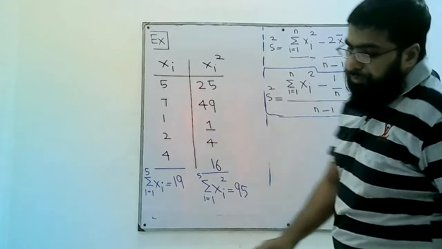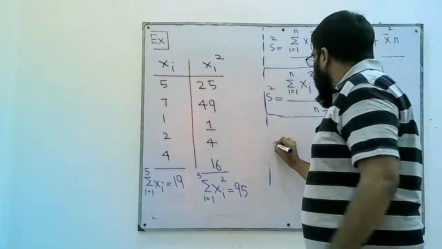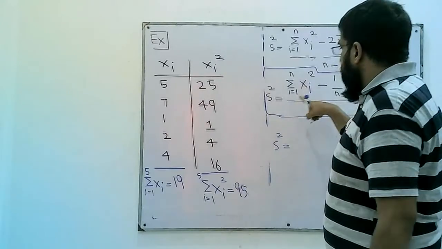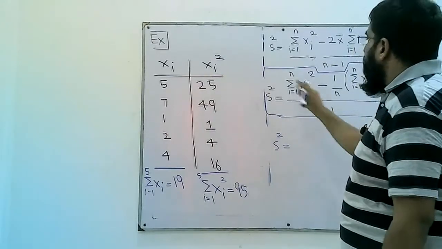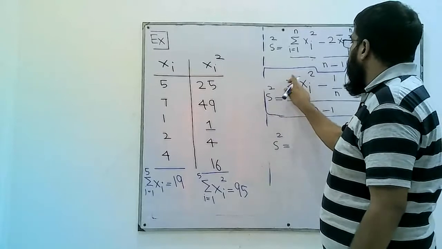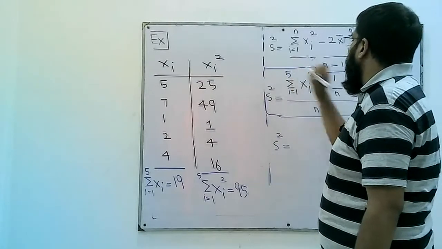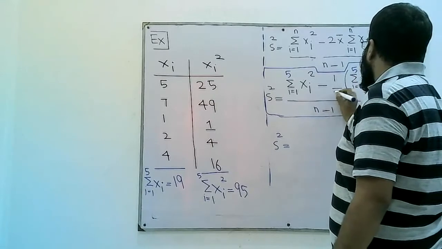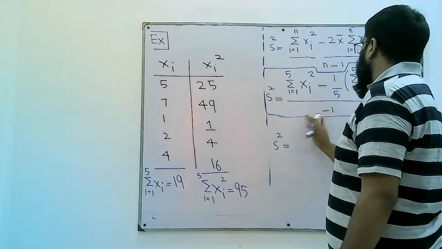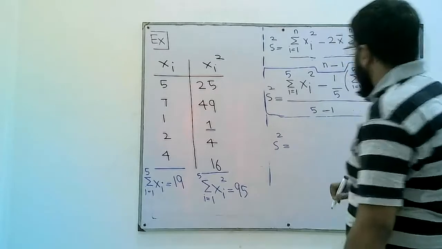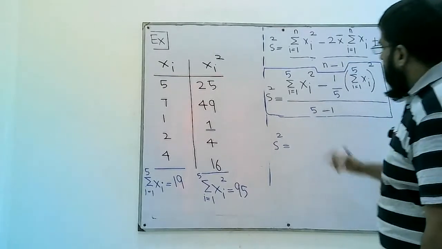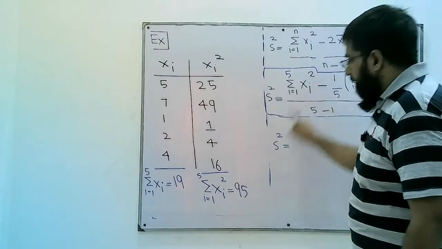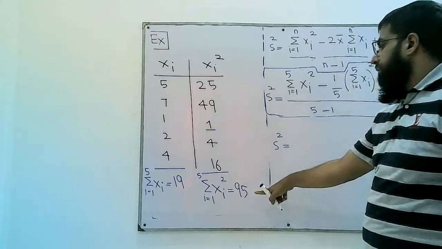Now it's time to put everything in the formula. The formula is ready for you. S squared is summation. Let's modify this formula for this data set. For that, we have to replace n with 5, and of course n minus 1 with 4, 5 minus 1. So i ranging from 1 to 5 of xi squared. This summation is 95.